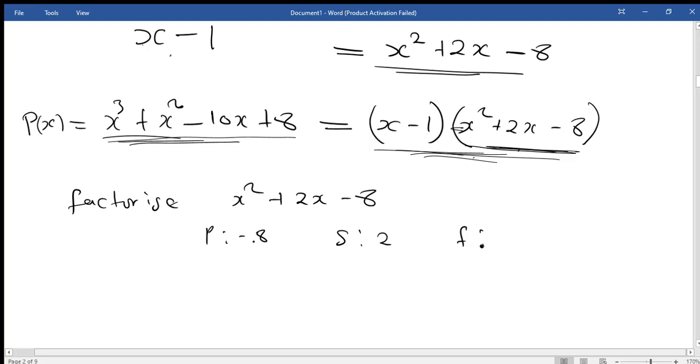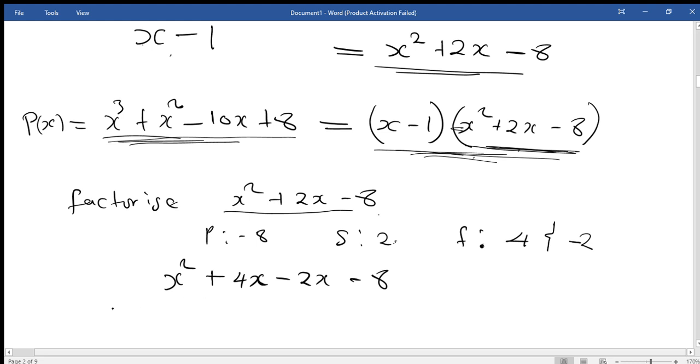When you multiply them, they give you negative 8, but when you add them, they give you 2. So those numbers should be 4 and 2, but one of them should be negative. So I believe negative 2 will be the negative one. When we factorize this expression, we're going to have x squared plus 4x minus 2x minus 8.